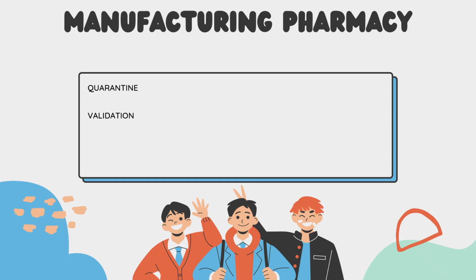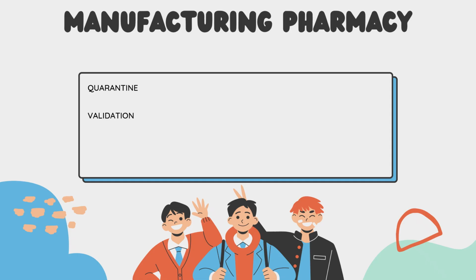While under quarantine, the material cannot be used, cannot be processed, and definitely cannot be shipped. It's not yet considered GMP compliant. It stays on hold until quality officially releases or rejects it. Think of quarantine like a red light. Stop. Wait for clearance.